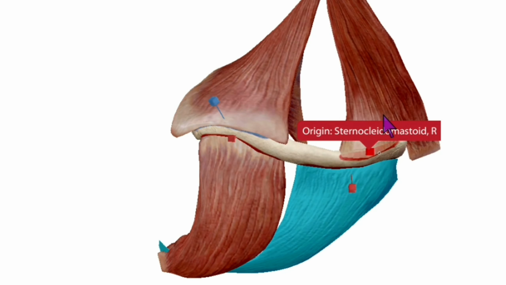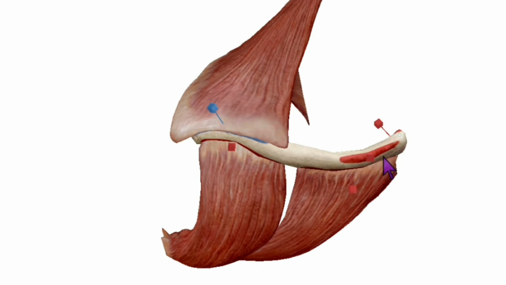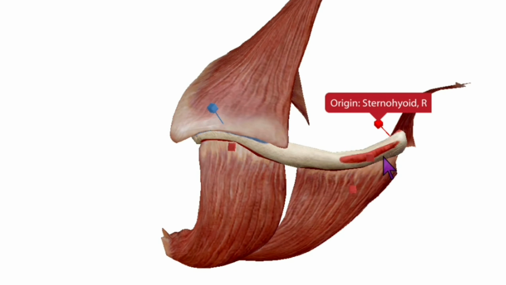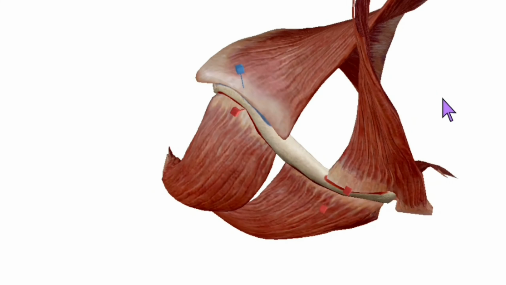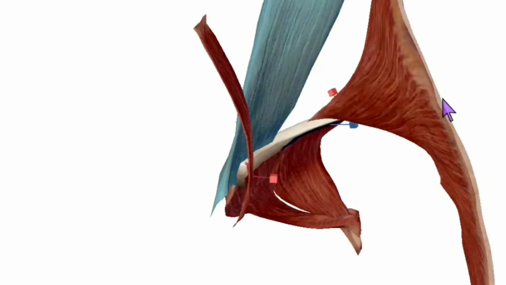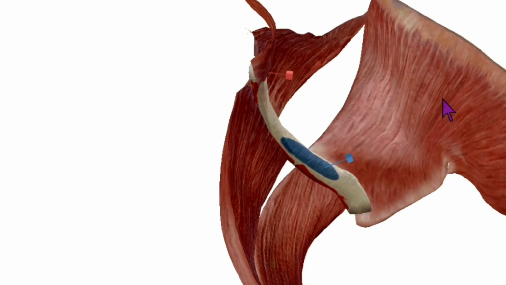And here is the sternocleidomastoid muscle, clavicular head, and then here the sternohyoid muscle originates. This is the sternocleidomastoid muscle, and the remaining one is, inferiorly, the subclavius muscle insertion.